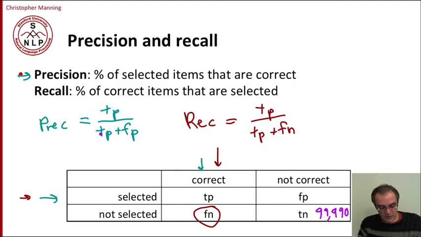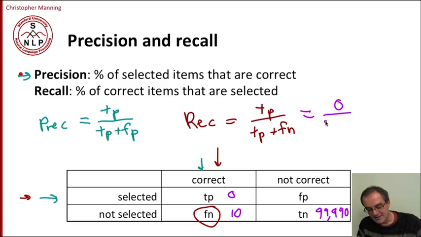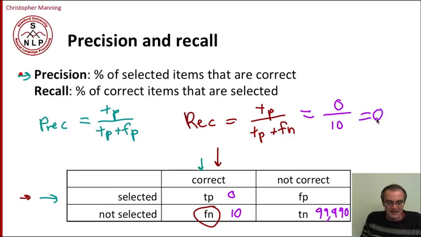And so what would happen in our previous case where there are 10 tokens here and 0 tokens here, since our classifier said every word wasn't a shoe brand, is that we'd find the recall of that system is 0. It's finding none of what we wanted to find, and basically we can say a system with 0 recall isn't interesting.